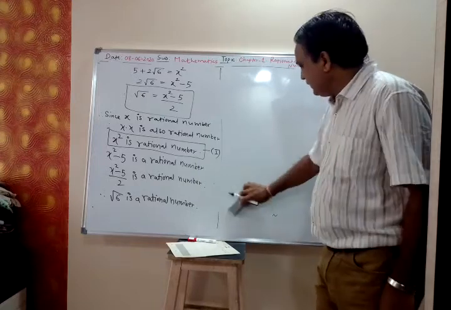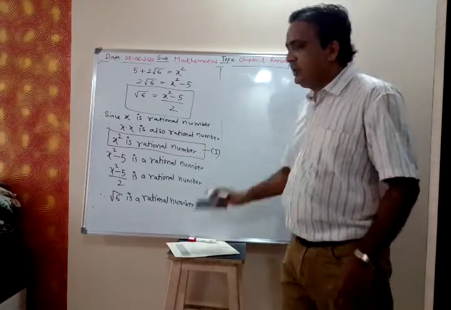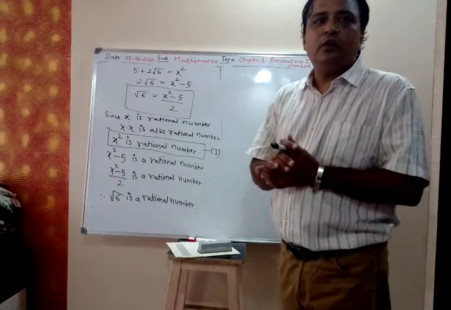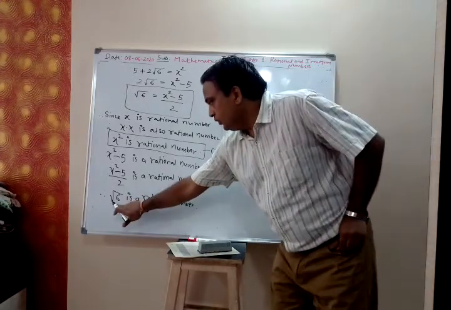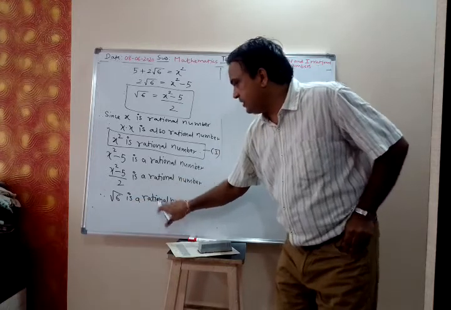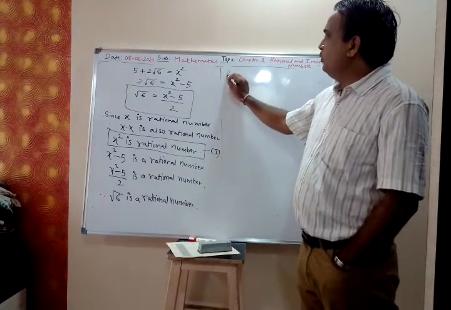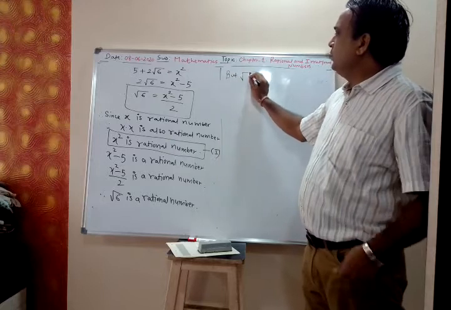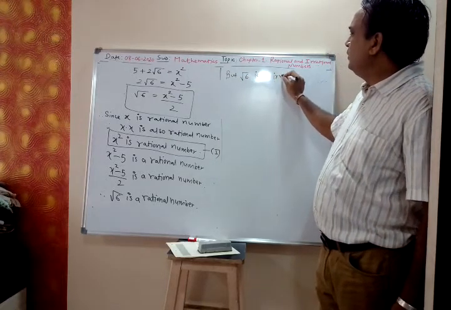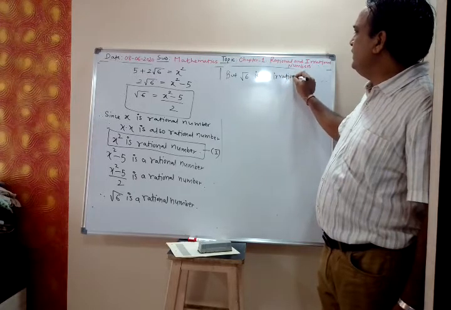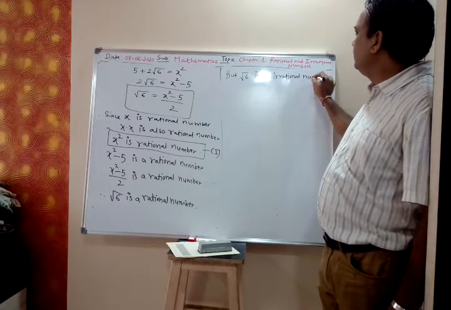Root 6 is an irrational number. In the morning we have done root 3, root 5, they are irrational numbers. So we are getting root 6 as a rational number, but root 6 is an irrational number.